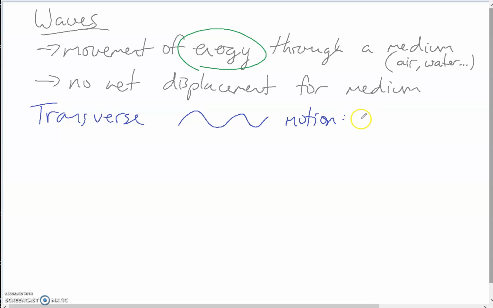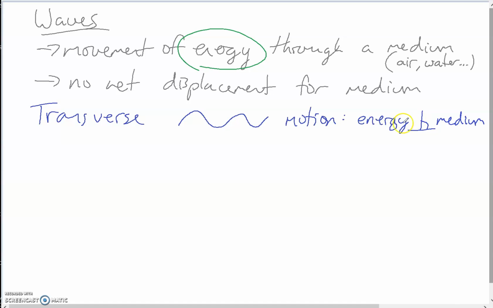If you look at the motion of the energy and you look at the motion of the medium, the two are perpendicular to each other. So one's moving one way and one's moving perpendicular to it. All right, so they're at 90 degrees. So the two are always perpendicular to each other. And that basically defines what a transverse wave actually is.